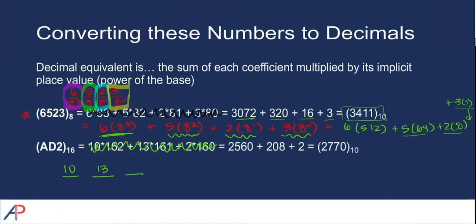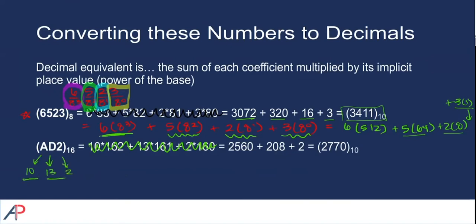I'm going to go ahead and write that for our place values so that when we are converting, it's not as complex and we're able to know what character is represented by what number. I'm going to write it a little bit more to the side, so I have a little bit more room to work with. So A is our 10 and our D is our 13. Our 2 is just 2.